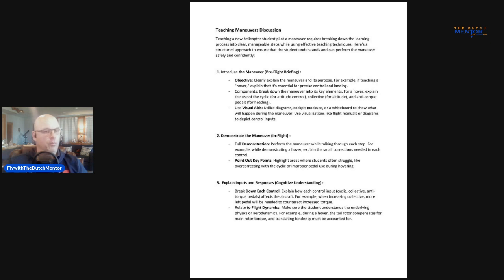The goal when we go out to fly later, as a CFI student, is that it is my responsibility to actually fly the aircraft from beginning to end. But I want to be able to speak through everything that I do by using simple commands, like right pedal, left cyclic, right cyclic, aft pressure, or raising or lowering the collective itself.